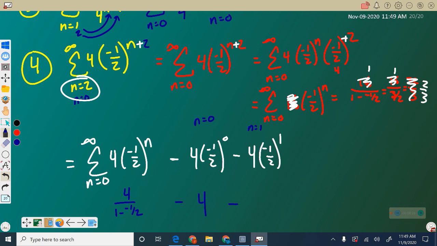And this minus here becomes minus a negative 2, so that becomes plus 2. So when we simplify that, we have 4 over 3/2 minus 4 plus 2. Well, that gives us 8 over 3, and then subtract 2 from that. When we subtract 2 from that, that gives us 2/3, which is the exact same answer.